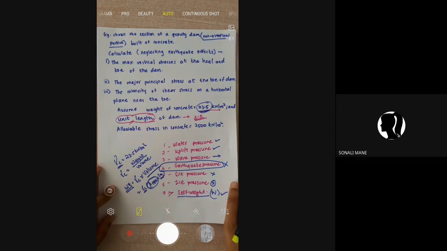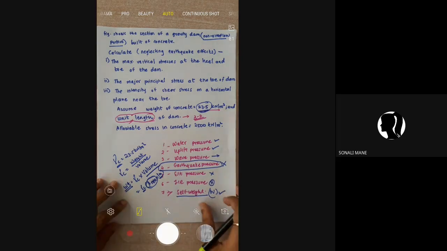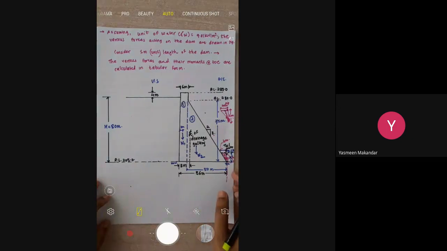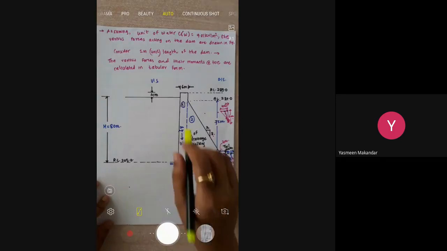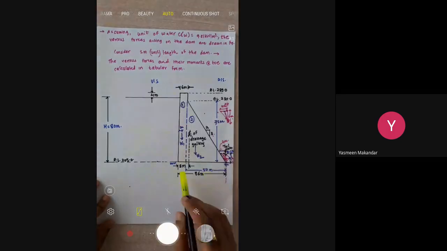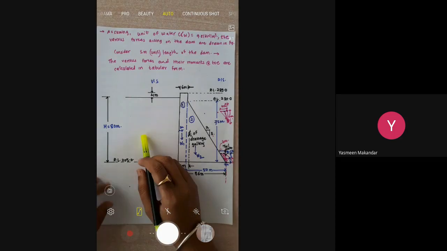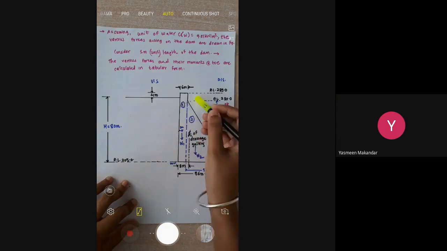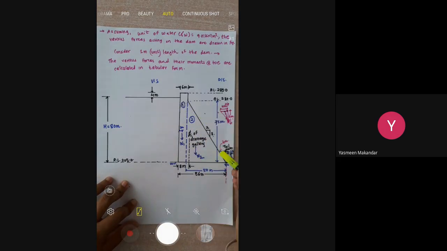So here in this problem, the section was given in this way, right? So we have marked all the distances in this. For the first force to calculate, that is the self weight of the dam, we have divided the entire dam geometry into two parts.